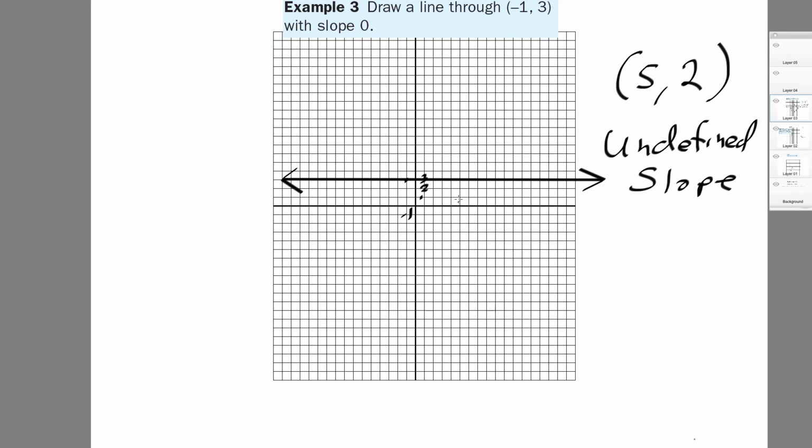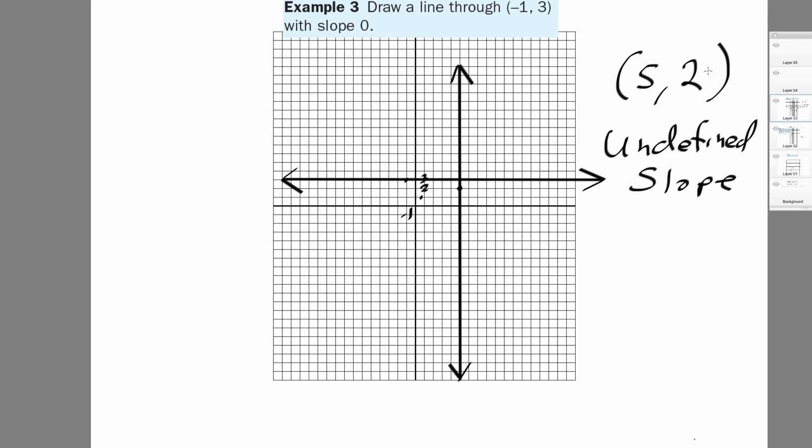So here's our point at 5, 2. If we draw our line through there, there we go. We've got our line with undefined slope through the point 5, 2.